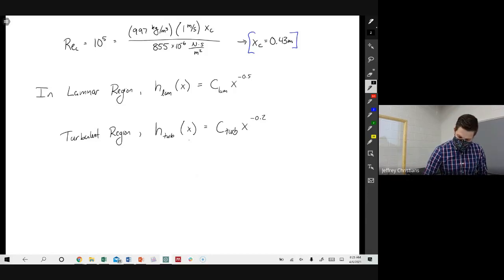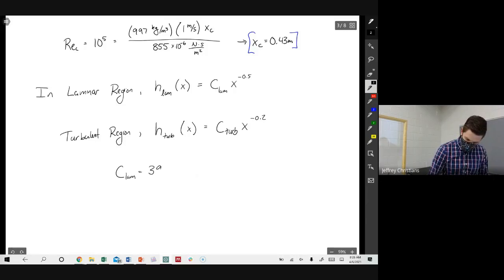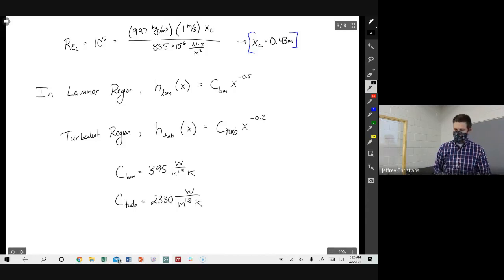Those constants: C_lam is 395 watts per meter to the 1.5 Kelvin, and C_turbulent is 2330 watts per meter to the 1.8 Kelvin, to make the units work out.